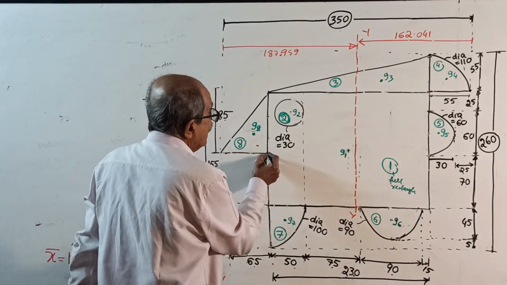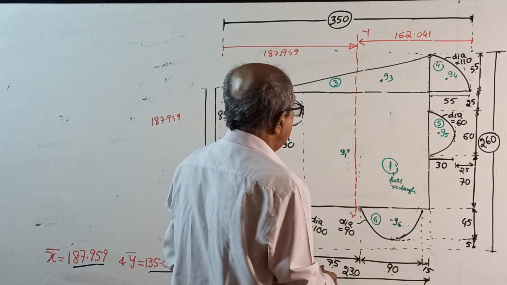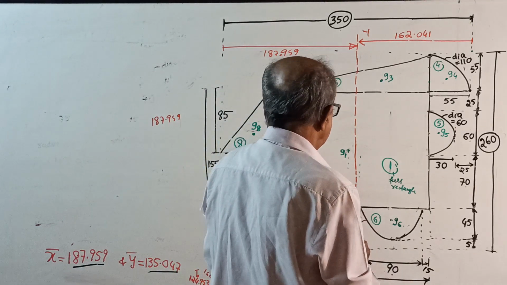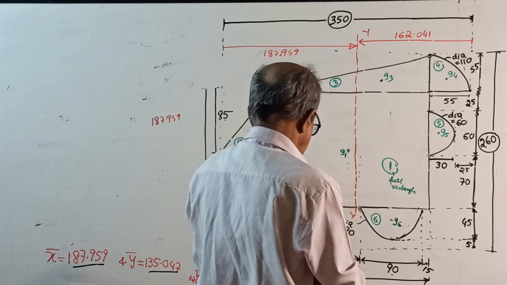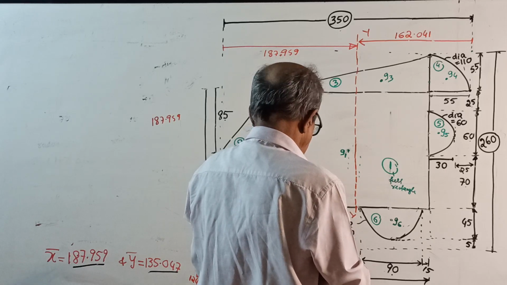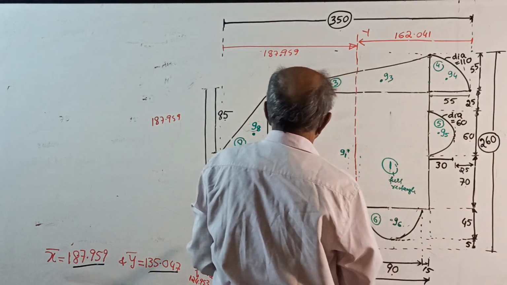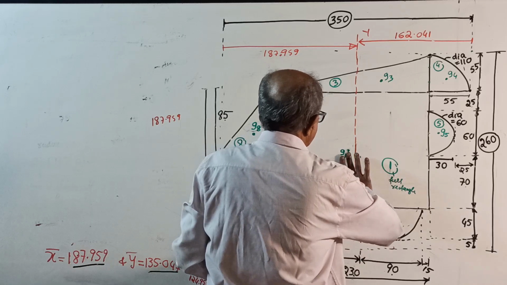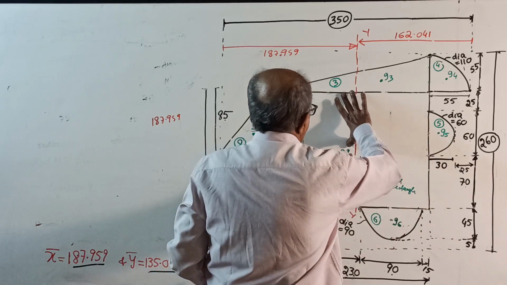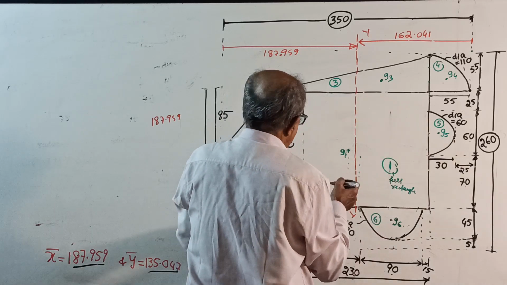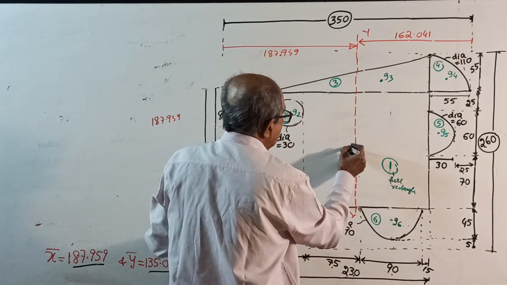But above this one, I think there is a problem here. See, 260 by 2 is 130. 130 plus 50 is 180. If it is 180, I should have taken little upper side. Yes, I should have made it little upper side. Okay.